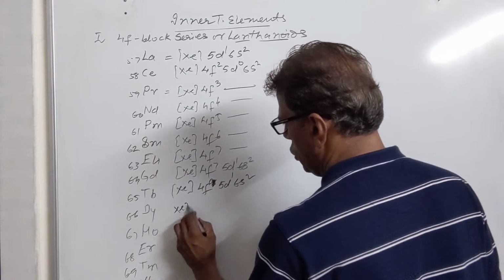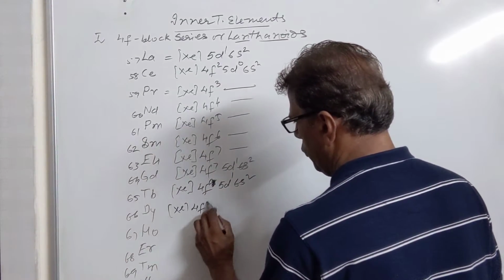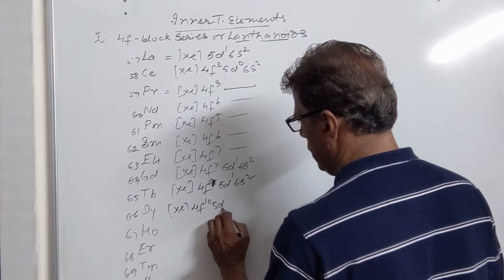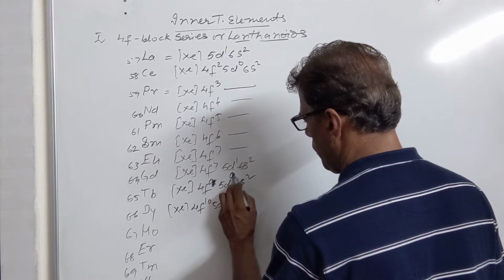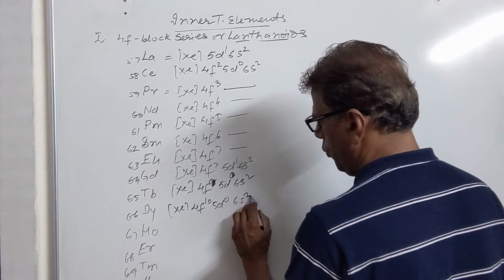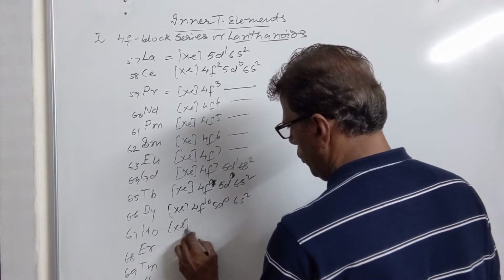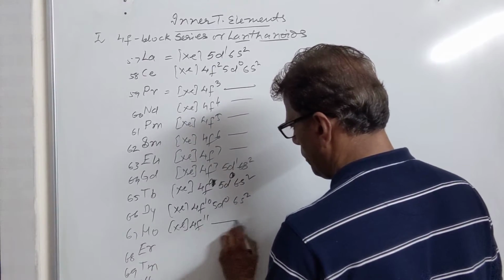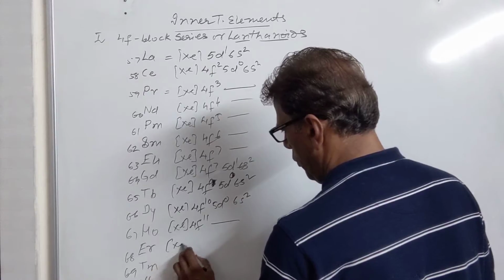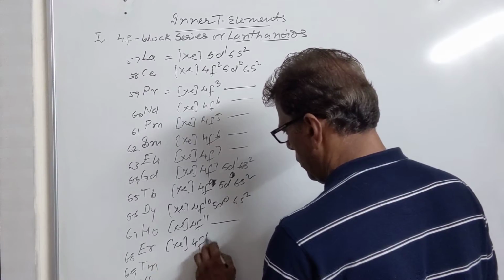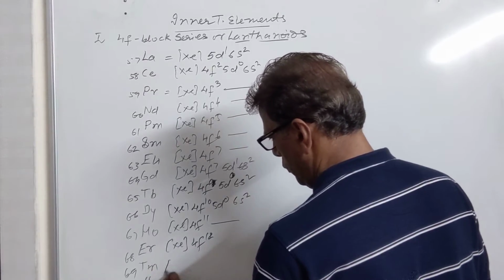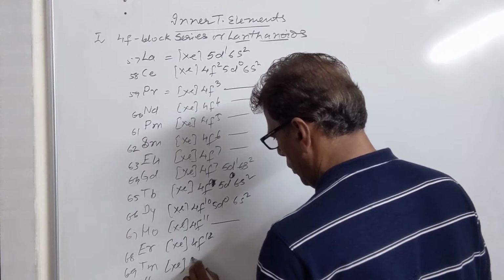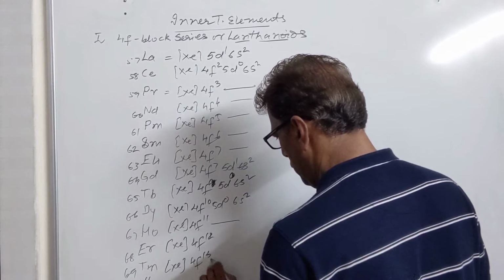Then we have dysprosium, this is 4f10, 5d0, 6s2, xenon 4f11, xenon 4f12, xenon 4f13.